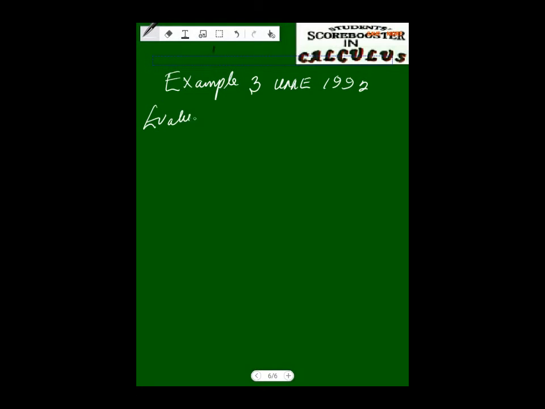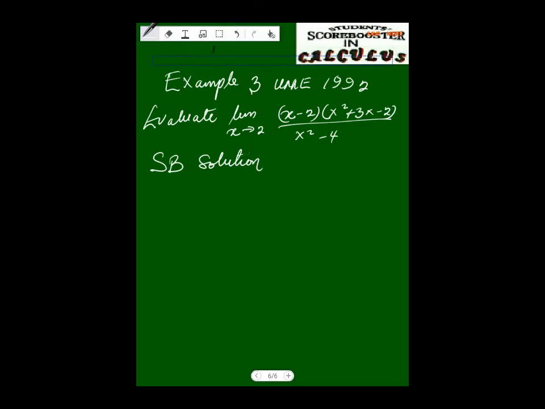The question is: evaluate the limit as x tends to 2 of x minus 2 bracket x squared plus 3x minus 2 over x squared minus 4. So this is what I have. ScoreBooster solution goes thus.